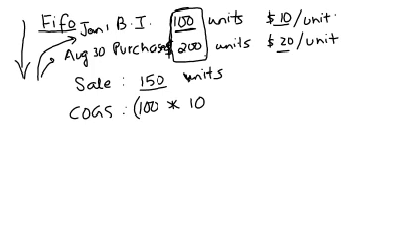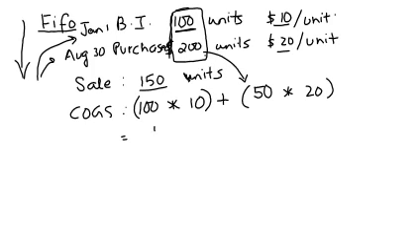This is not the actual goods that may have gone out. We do not know that, but we are just using this method of costing. And then we take 50 units here, and together we have $1,000 plus another $1,000, which is $2,000.